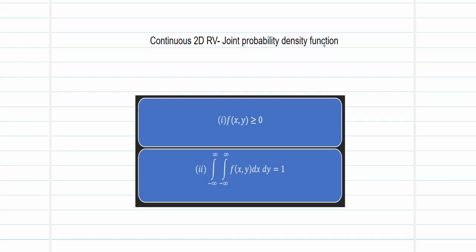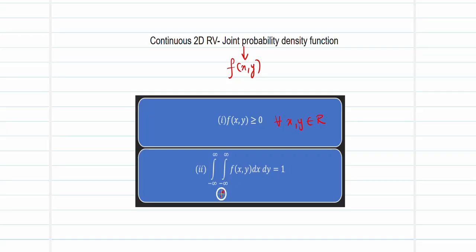Now the criteria to be satisfied by our f of x comma y is that you call this f of x comma y a joint probability density function if it satisfies condition number 1, f of x comma y is greater than or equal to 0 for all the values of x and y that belong to the range space or the real number system, and the integral from minus infinity to infinity of f of x comma y dx dy will be equal to 1.